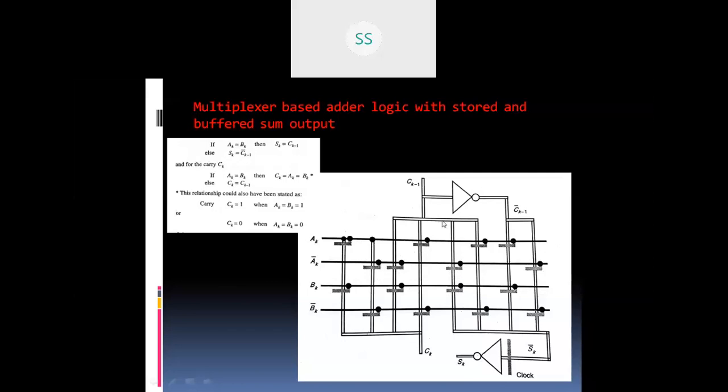This line is connected to CK minus 1. This CK minus 1 is now selected and presented at the input of the inverter. At the output of the inverter, what I get is SK, whose value will be CK minus 1 whole bar.